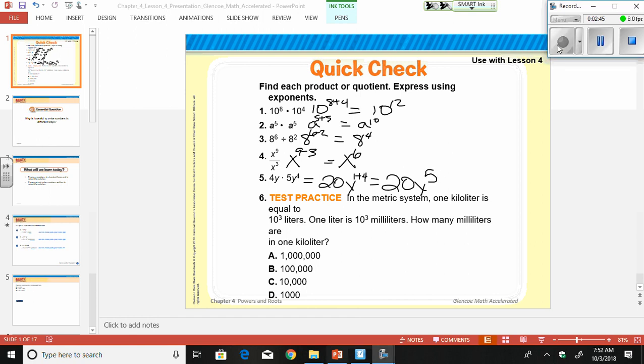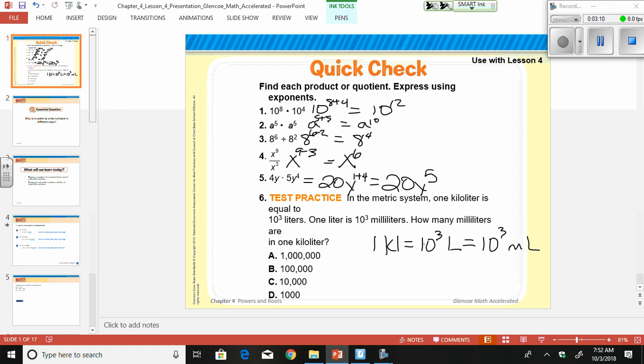In the metric system, 1 kiloliter is equal to 10 to the 3rd liters. 1 liter is equal to 10 to the 3rd milliliters. How many milliliters are in 1 kiloliter?